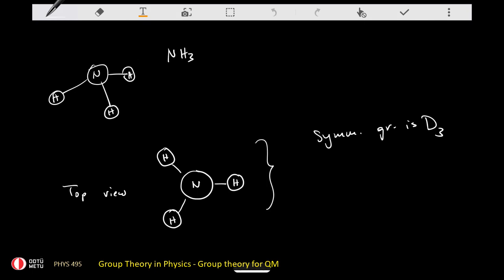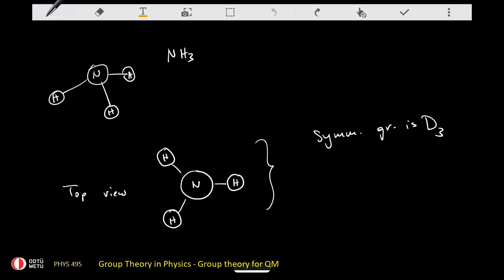In ammonia, of course, we have orbitals coming from the nitrogen, the 2s and 2p orbitals, and the 1s orbitals coming from the hydrogen. And there is this hybridization in here. In any case, a linear combination of the 1s orbital of the hydrogen and the 2s and 2p orbitals of the nitrogen will form these covalent bonds.